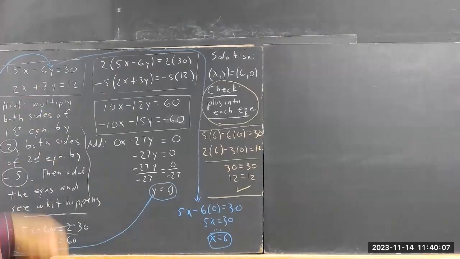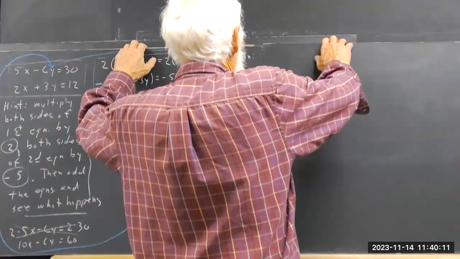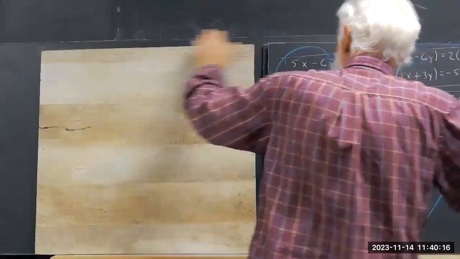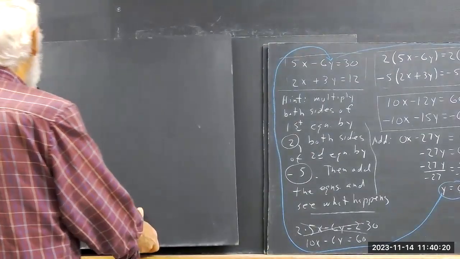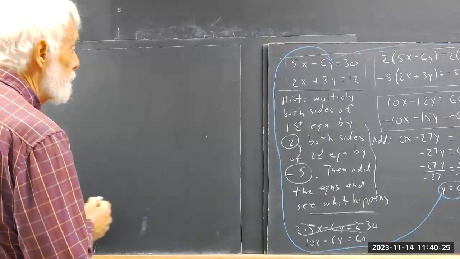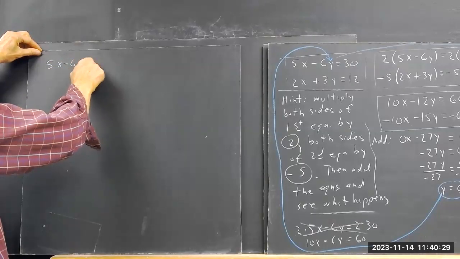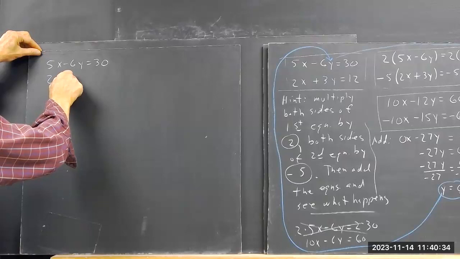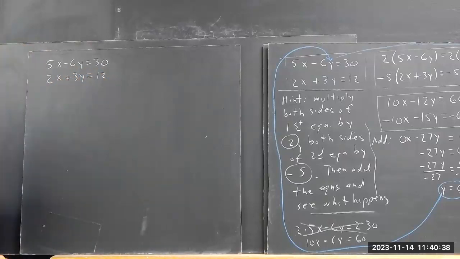Take the same system and we'll write it out again. Our system is 5x minus 6y equals 30, 2x plus 3y equals 12.